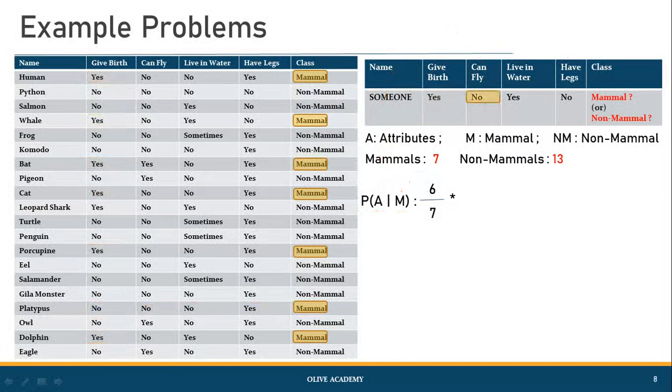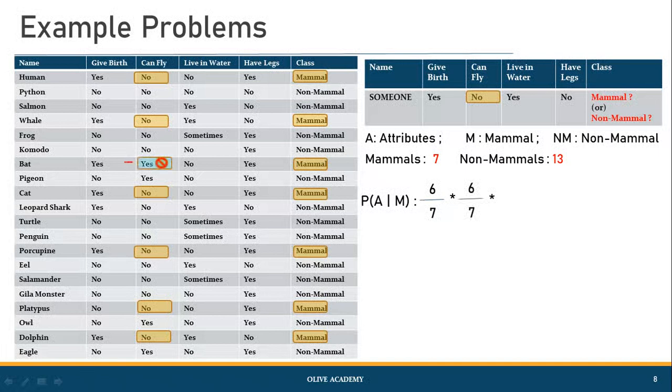And similarly, can fly. In this example, we have 1, 2, 3, 4, 5, 6, right? There are 6 no values for the given mammal data set. But again, remember that this yes is not counted because it is not what we are interested in.